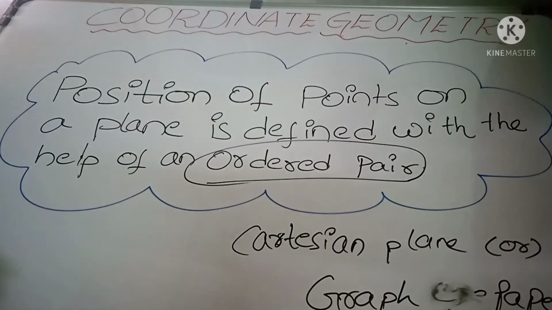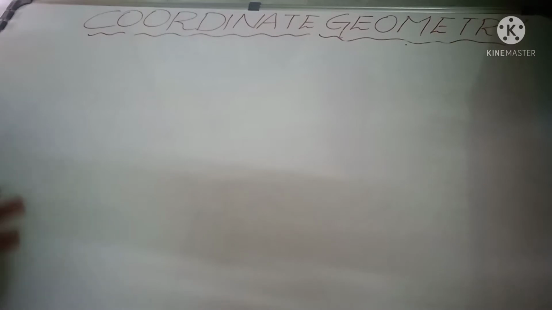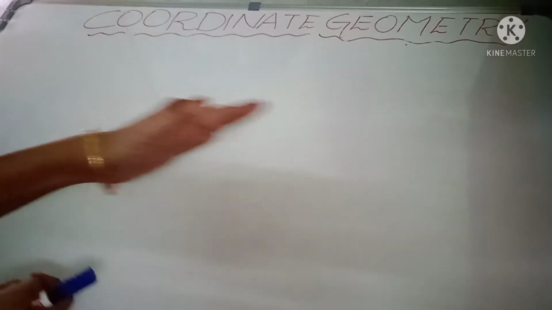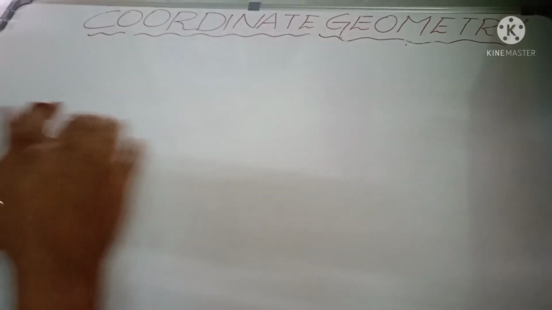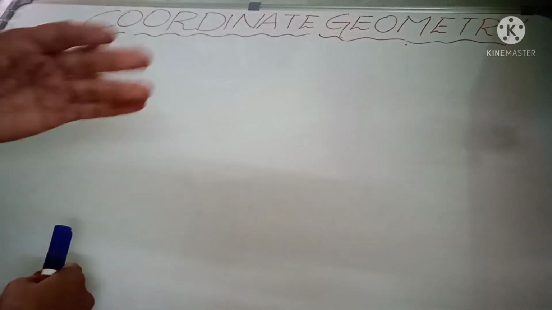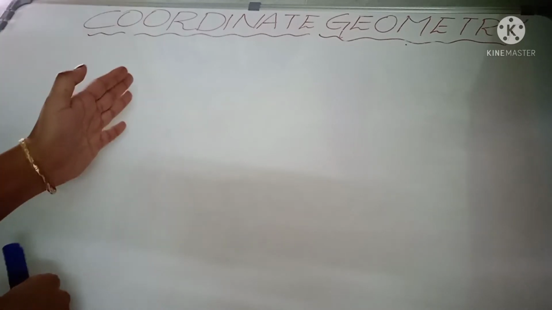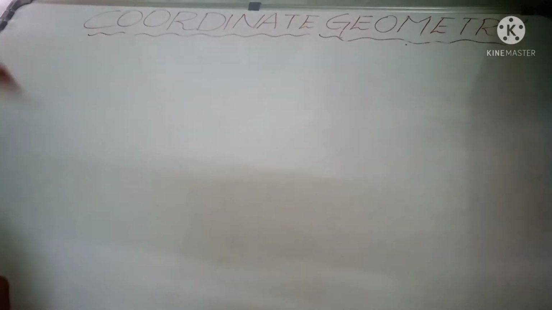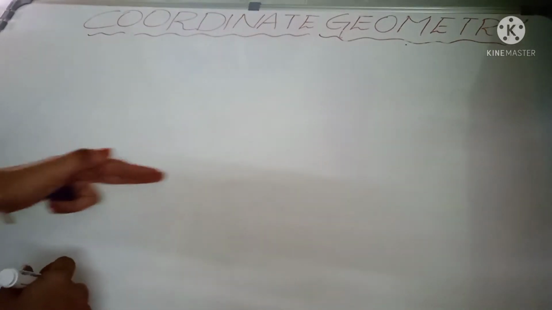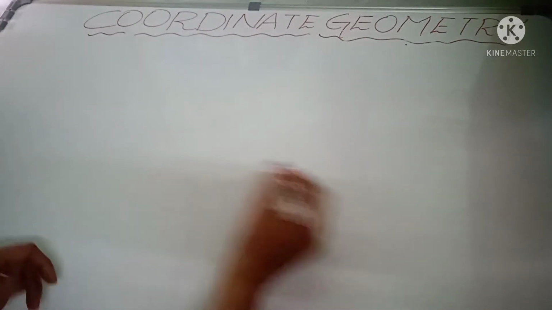On graph paper, we will observe some vertical lines and some horizontal lines. What is the x-axis and what is the y-axis? The lines which are sleeping, or in a horizontal position, are known as the x-axis.